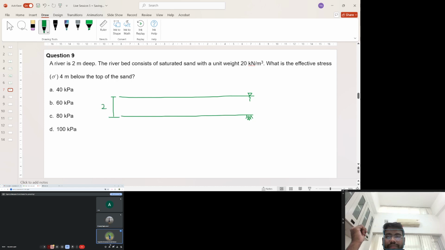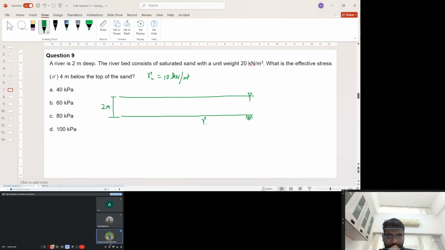Now this is the water level, and this is the river, and this is 2 meters, right? Now you have the characteristics of sand, and consider gamma W as 10 kilonewton per meter cube, right? Now the river bed consists of saturated sand of unit weight 20 kilonewton per meter cube.